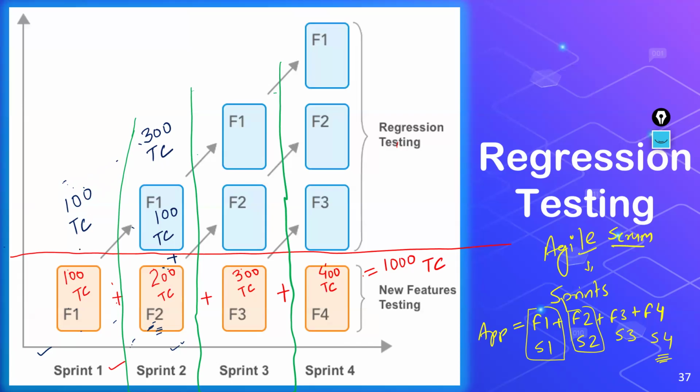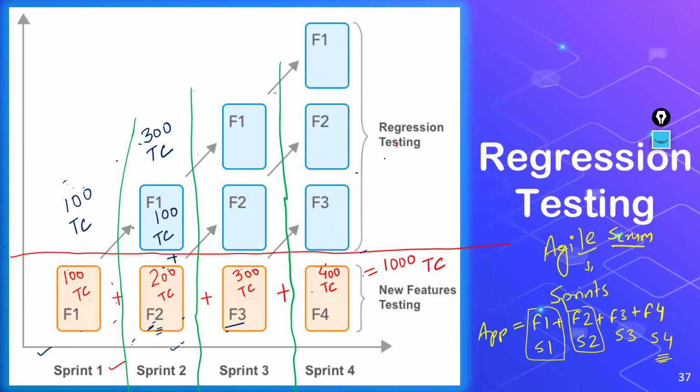Okay. Now we go to sprint number three, where we are implementing feature F3. To implement this feature F3, we did design, development, and testing. Now to test feature F3, let's say we executed 300 test cases.